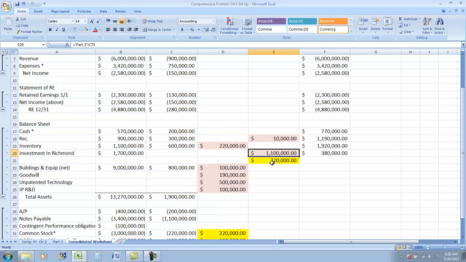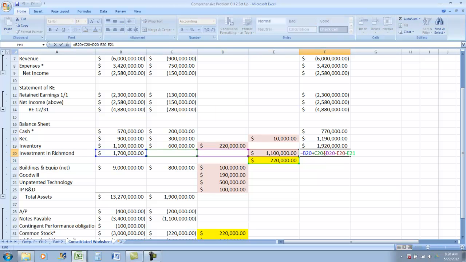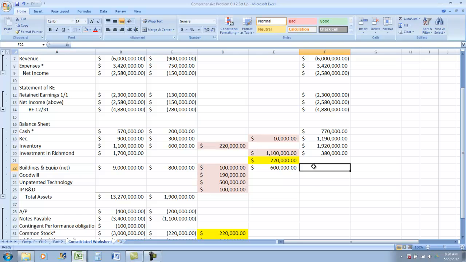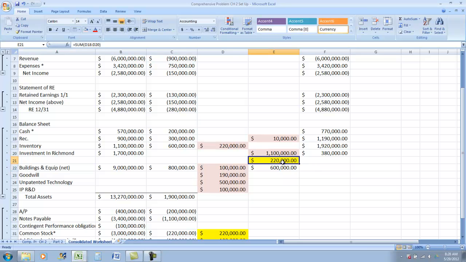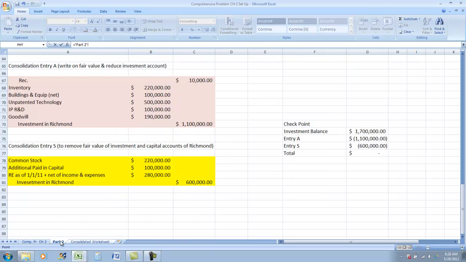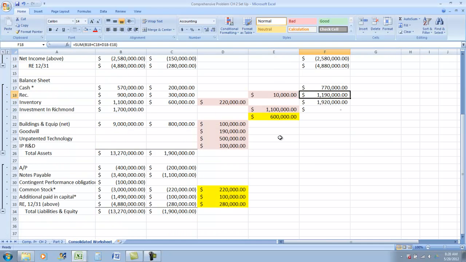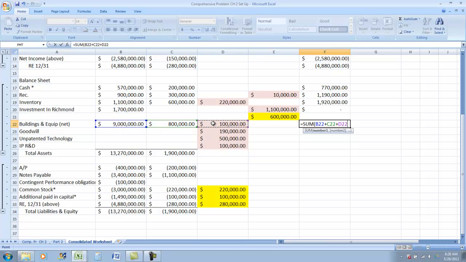let's copy in the formula instead. Same thing on this one. This plus this plus this minus this.